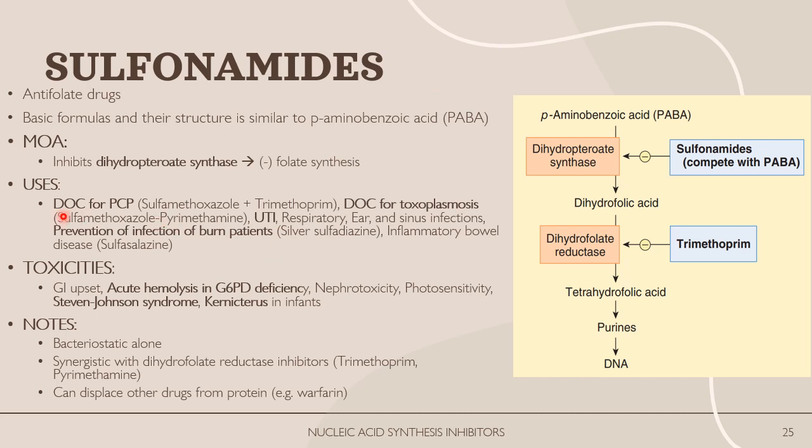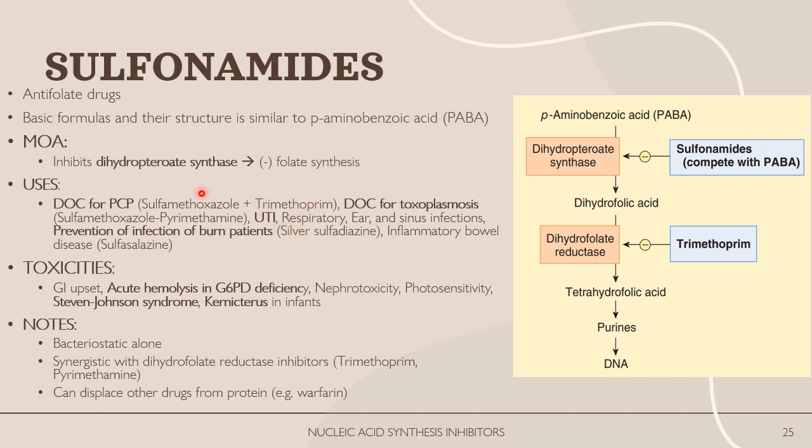So again, where do we use our sulfonamide? Number one, it's the drug of choice for your Pneumocystis carinii pneumonia. This is usually seen in AIDS patients. By the way, your Pneumocystis carinii has a new name, Pneumocystis jirovecii. The drug of choice is sulfamethoxazole plus trimethoprim, also known as your cotrimoxazole.